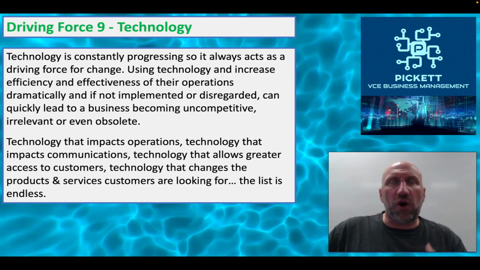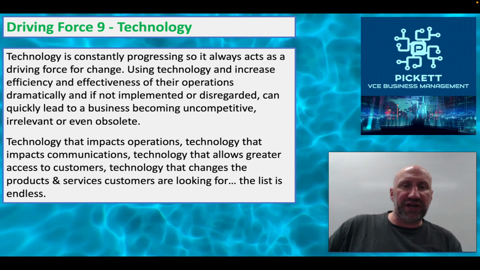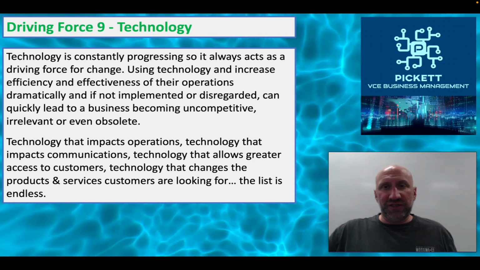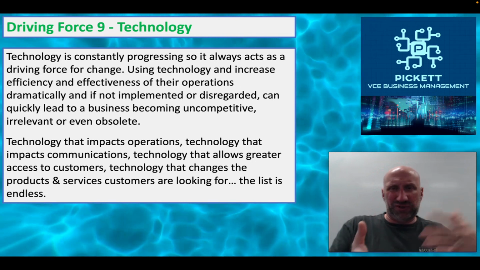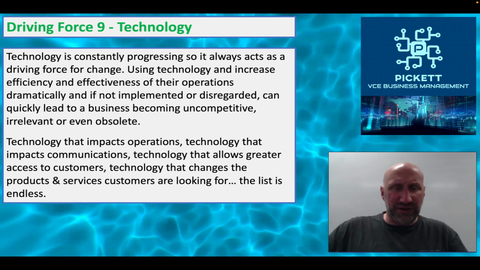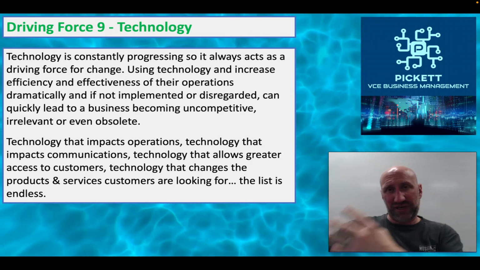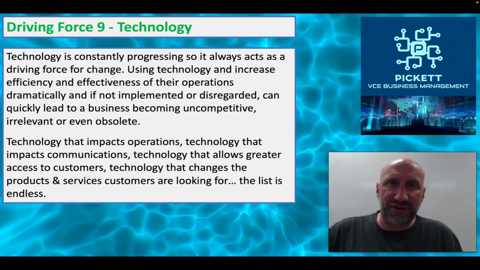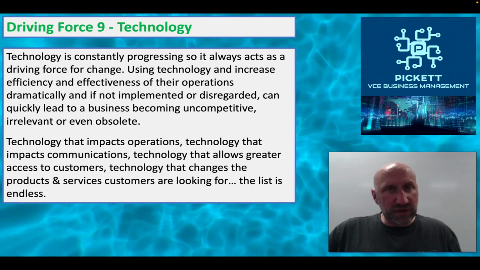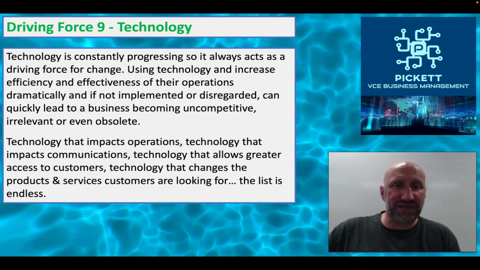Driving force 9, technology. Technology, constantly progressing, always acts as a driving force for change. Using technology to increase efficiency and effectiveness of operations, we talked about that in operations management. And if not implemented or completely disregarded, it can quickly lead to a business becoming uncompetitive, irrelevant, or potentially even obsolete.